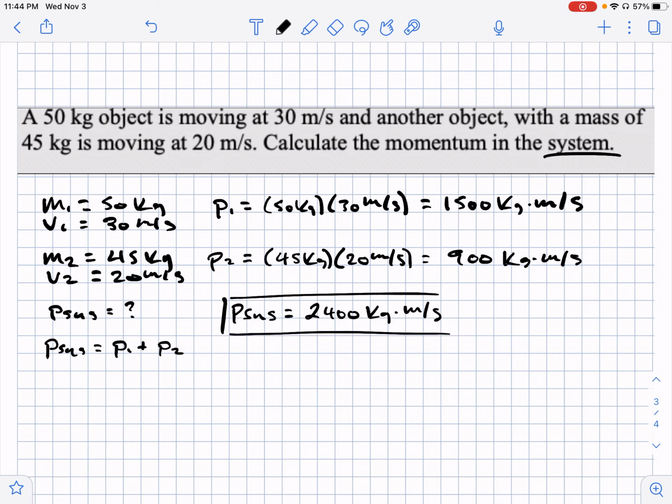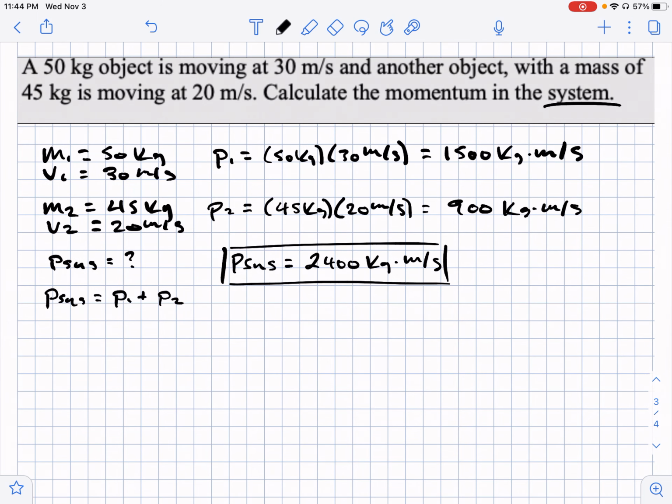Now, where you have to be careful is, if you remember, sometimes we can have a negative velocity. So let's say, for example, I have a cart and it's moving to the right. And then I have another cart in this system and it's moving to the left. Well, this cart would have a positive velocity, this cart over here is going to have a negative velocity.